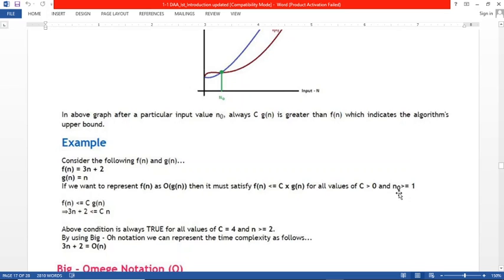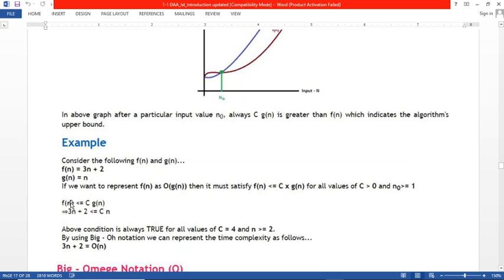Every time you should take n0 as 1 only, then it will be easy for you to get the answer. You need not take the maximum number. In asymptotic notation, most of the time take n0 as 1 only, then it will be easy for you to solve the problem. So f of n less than or equal to c g of n.